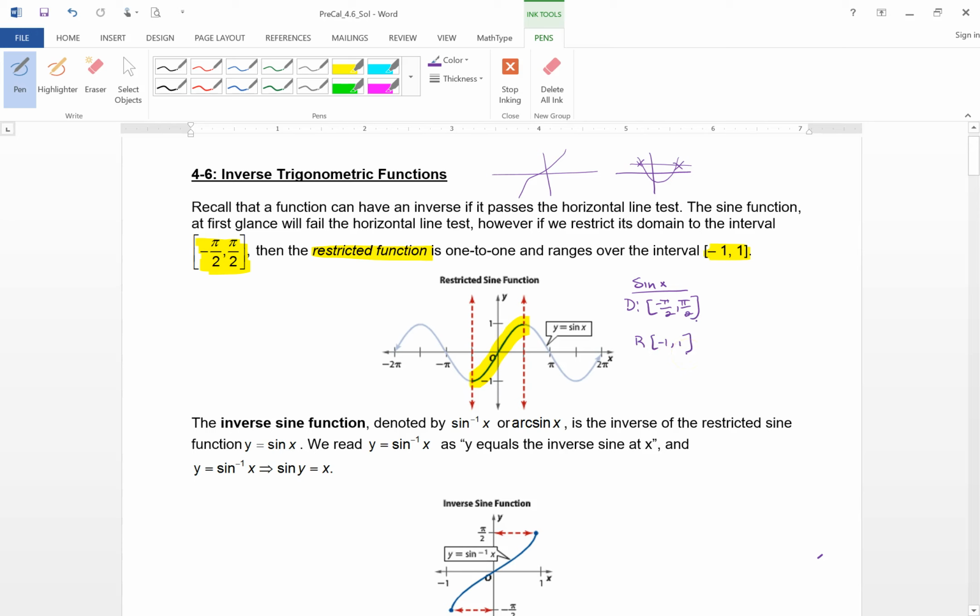So now, if these are the domain and range for sine of x, then if I take inverse sine of x, what would the domain and range be? What happens to domain and range when you take an inverse function? They switch. Okay, so for the inverse sine, the domain will be negative 1 to 1, and the range will be negative to positive pi over 2. Okay?